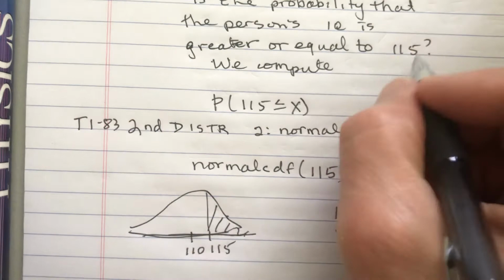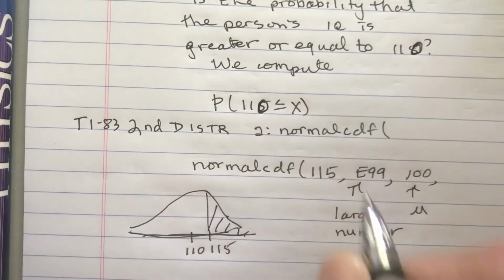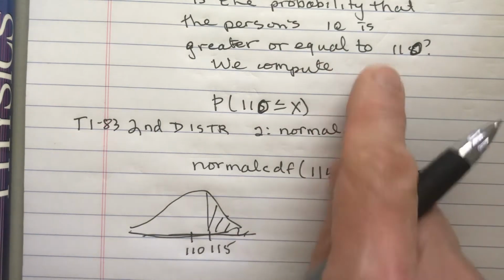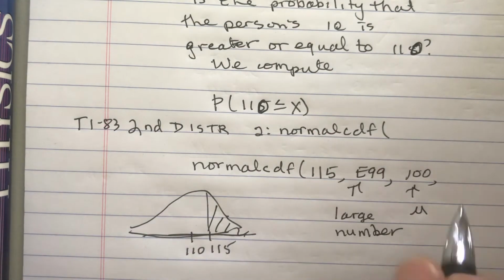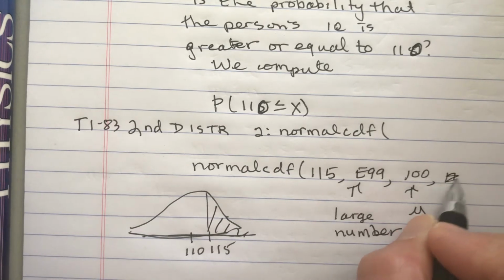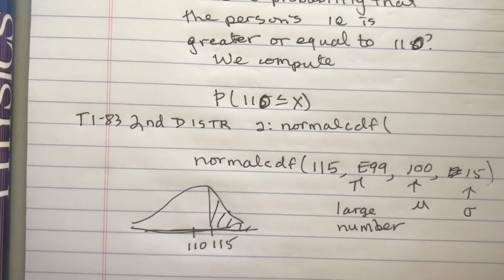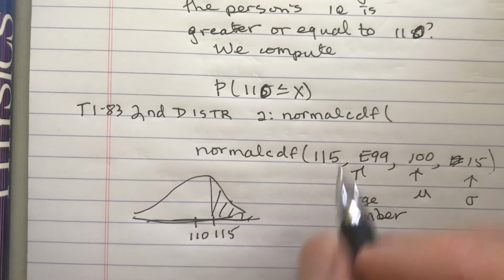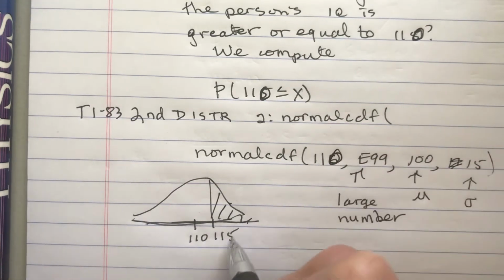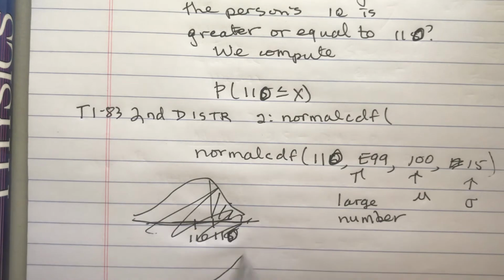I wanted to do greater or equal to 110. That's staying with my notes. Sorry, let me just do 110. So what's the probability it's greater or equal to 110? I'm going to put 100 here, and then the standard deviation is 15. Actually, I'm just getting these all mixed up.